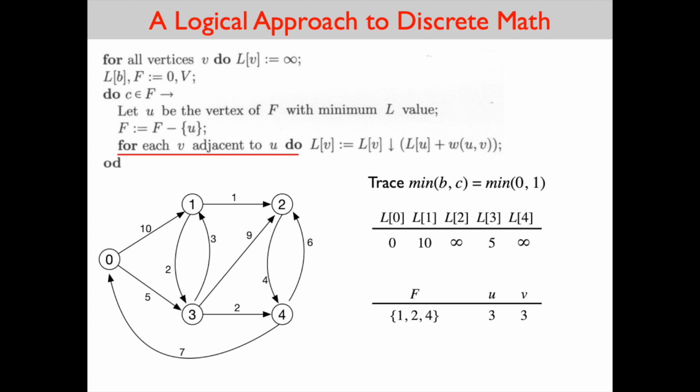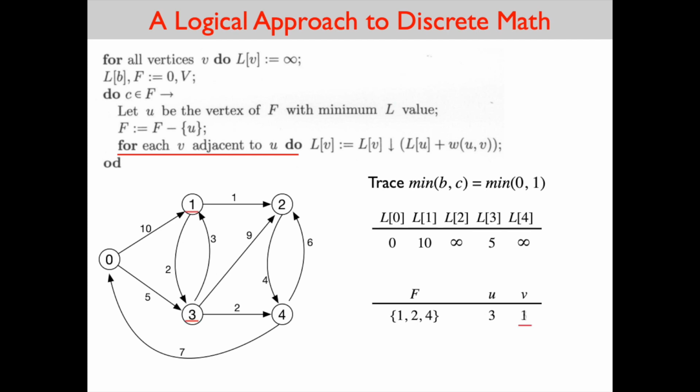Well, if you take a look at vertex 3, we see that there is an edge from 3 to 1, an edge from 3 to 2, and an edge from 3 to 4. Consequently, the vertices that are adjacent to 3 are 1, 2, and 4. So this for loop is going to execute 3 times, once with a value of v being 1, once with it being 2, and once with it being 4.